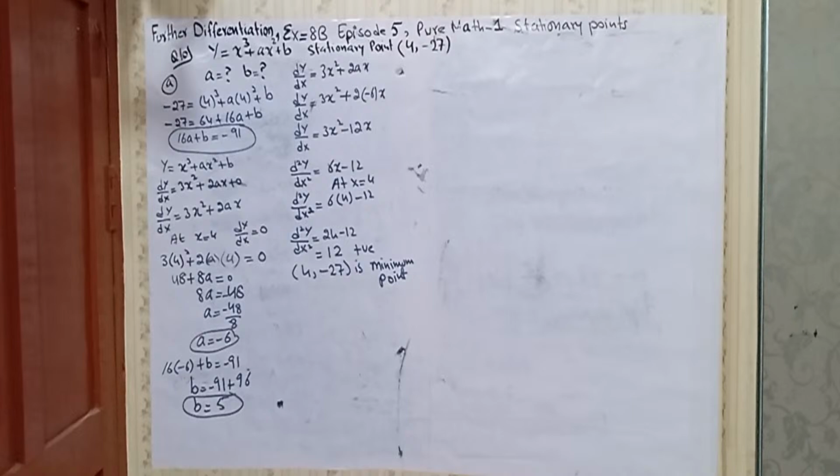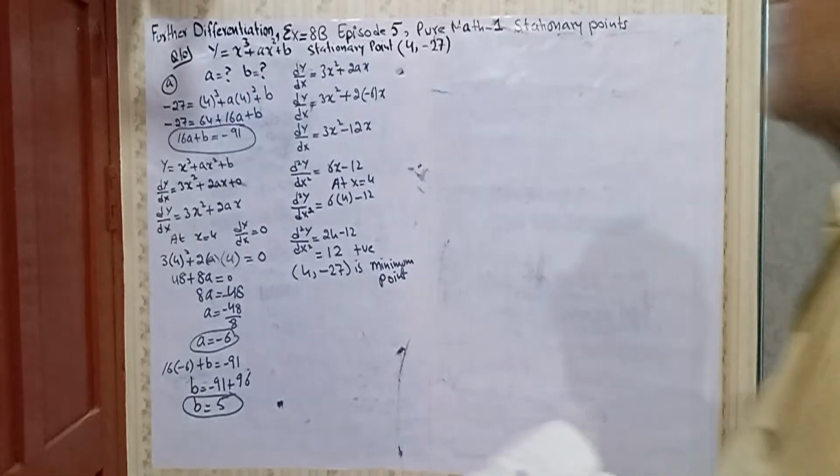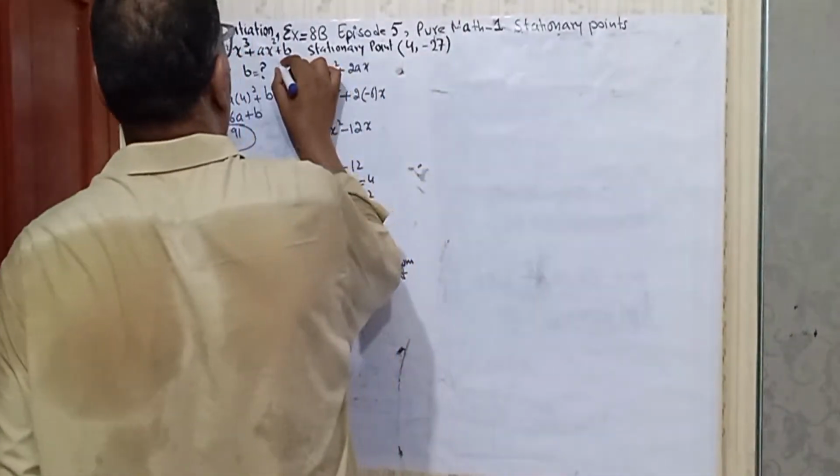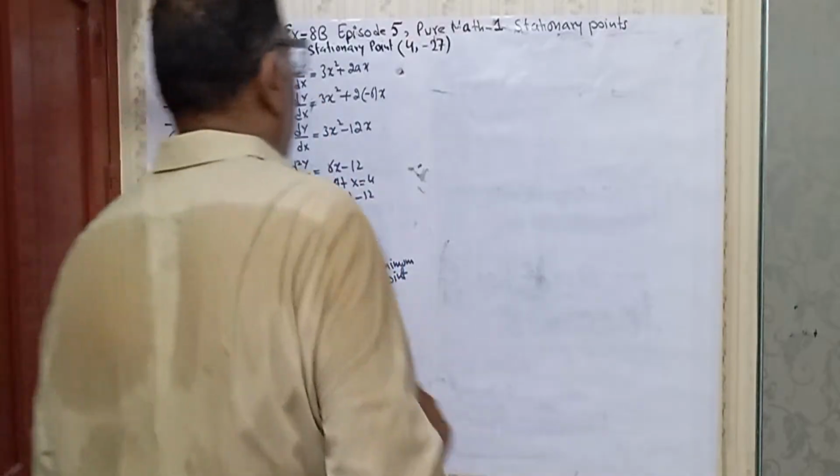Let me check the answer, sir. Yes, this is the minimum point, and we have also found that this is the minimum point. I hope you understand this. This was question number 10, part b.